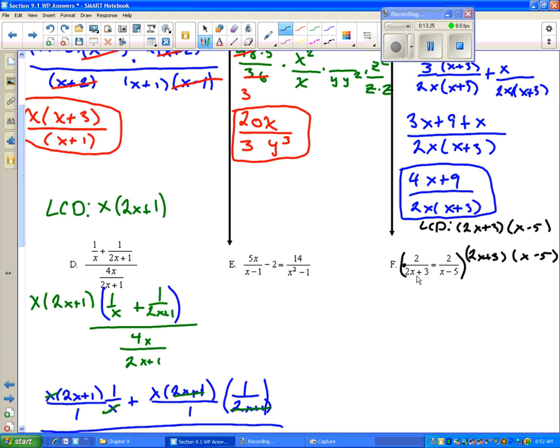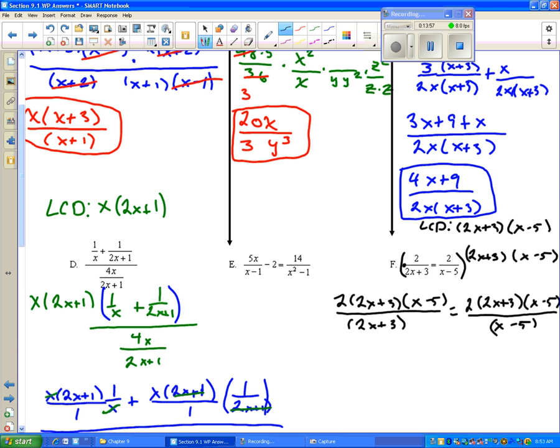When I distribute these over, the 2x plus 3's are going to cancel. So showing every step, I get 2 times 2x plus 3 times x minus 5 over 2x plus 3 is equal to 2 times 2x plus 3 times x minus 5 over x minus 5.